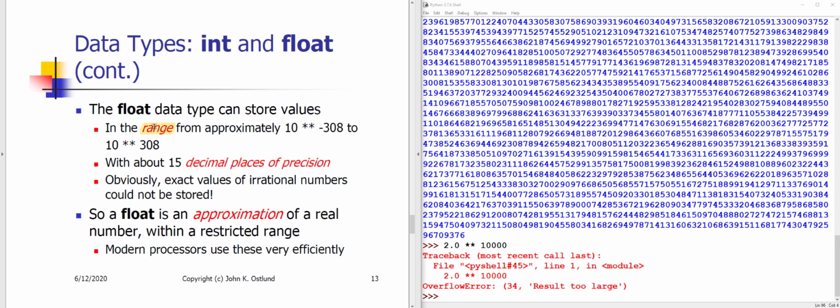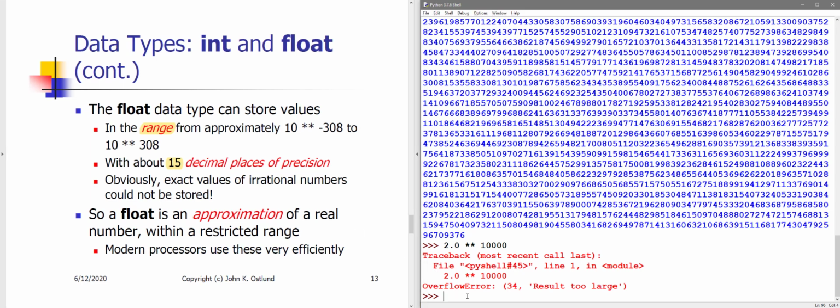The range of values for a float is roughly between 10 to the minus 308th power up to 10 to the 308th power. And in terms of decimals of precision, we are able to store about 15 digits of precision.